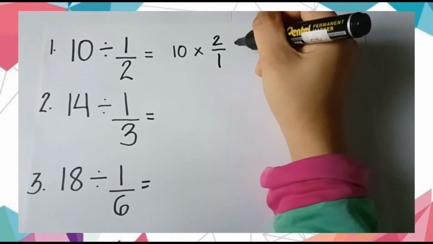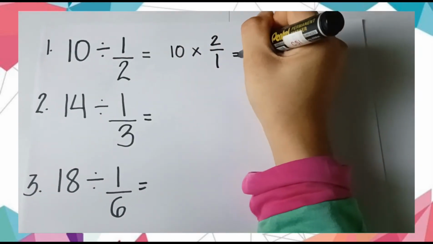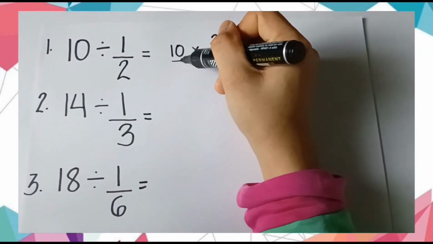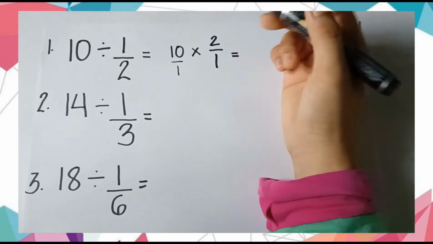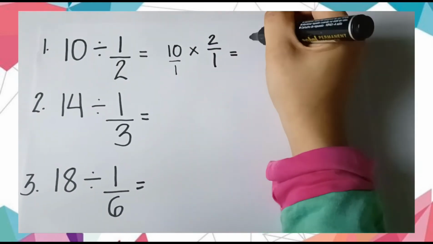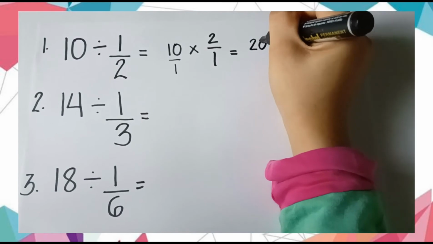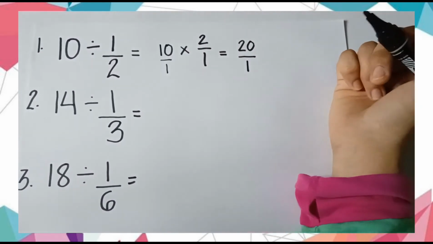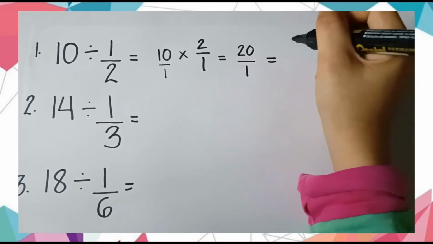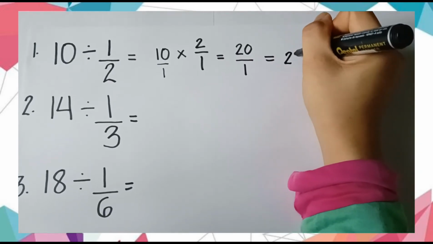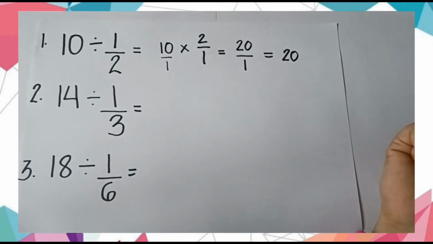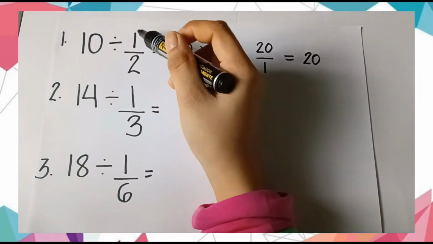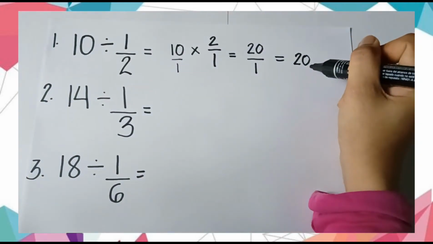And then we give 10 a denominator of 1. Now we are ready to multiply the two fractions. 10 times 2 is equal to 20, divided by 1 times 1, which is equal to 1. So 20 divided by 1 is equal to 20. So 10 divided by 1/2 is equal to 20.